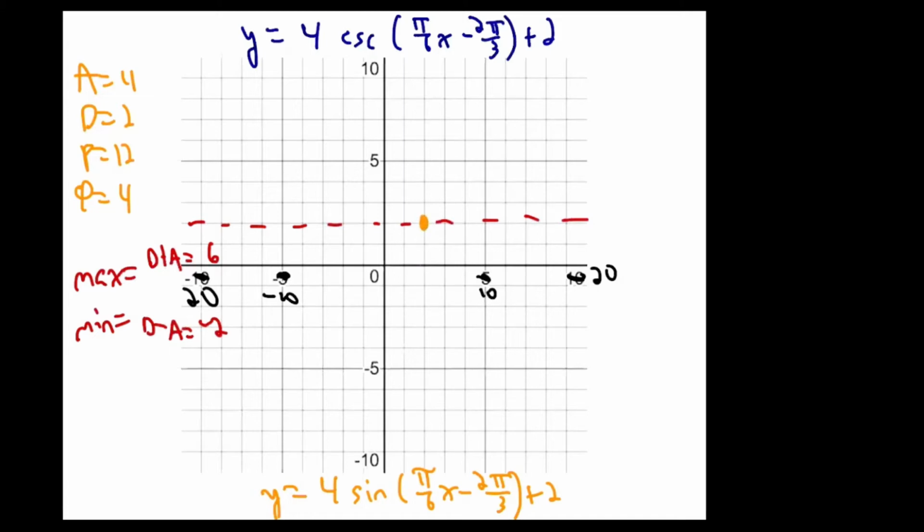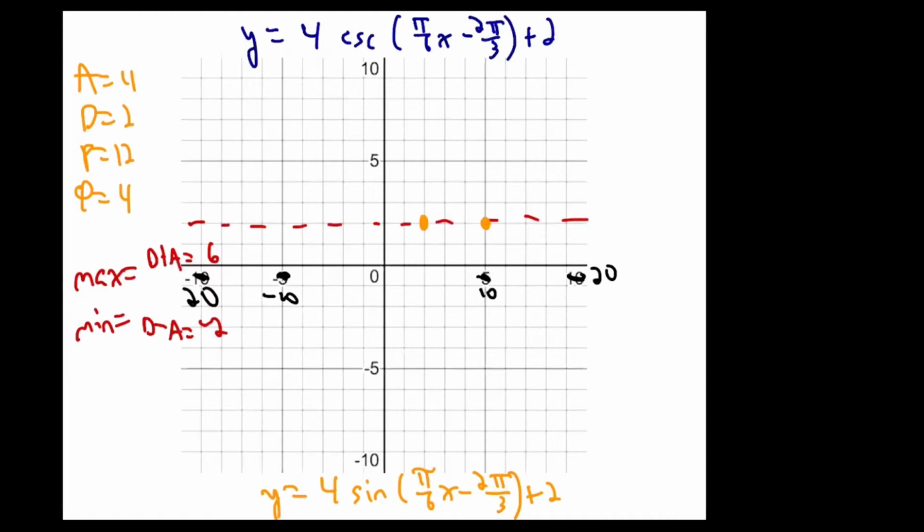And then a quarter period later, I should be at my maximum. A quarter period is 3, which is 1.5 tick marks. So something like that. And then a quarter period after that, I should be back at the midline, so that would be here. Oh, I'm sorry, the max is 6, not 4.